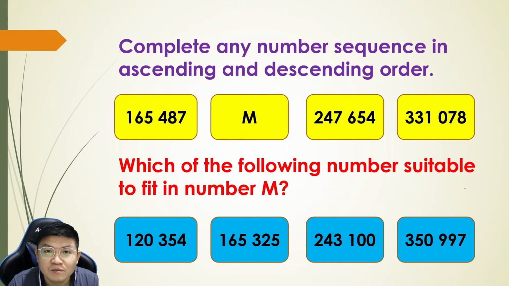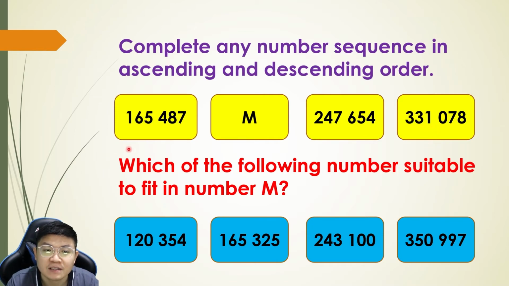Next, the last skill of today's lesson is actually to complete any number sequence in ascending and descending order, right? Now you look at the sequence here: 165,487, then M, then 247,654, 331,078.